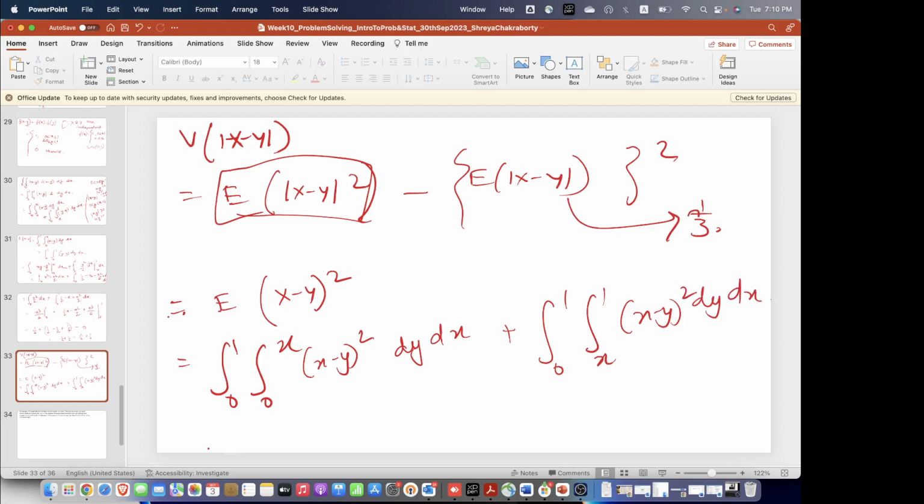Okay, so if we do this, what will we get? 0 to x, x square plus y square minus 2xy.